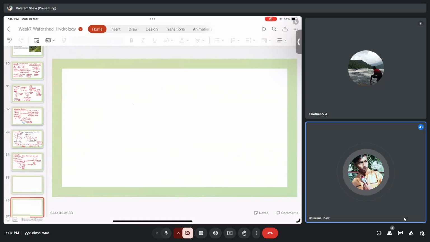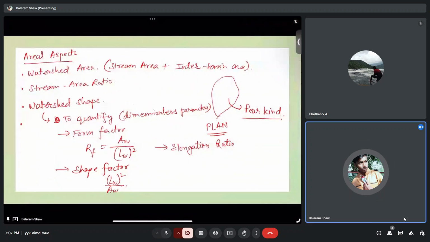Okay, so I was mentioning what is elongation ratio, right? So elongation ratio is typically the ratio of the diameter of a circle, let's say, which has the same area as the watershed to the maximum watershed length.